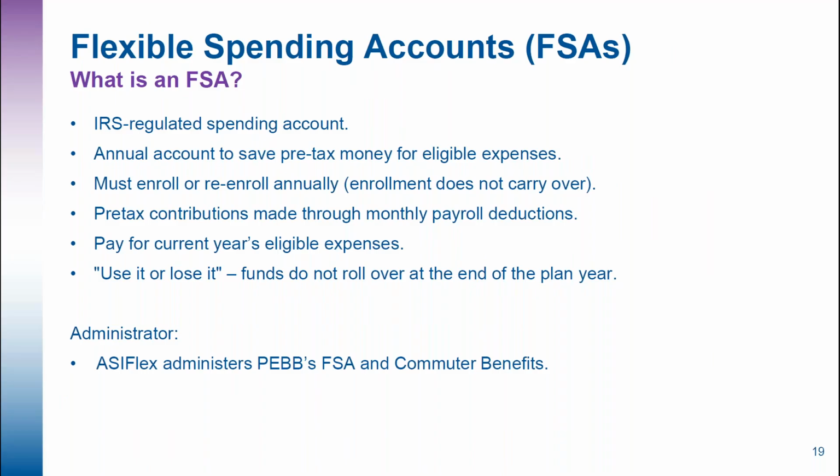All claims for 2025 are due to ASI Flex by March 31st of 2026. That is hard. So that's a concrete wall there, that all claims for 2025 are due to ASI Flex no later than March 31st. Do not wait until March 31st to turn in your claims, because guess what?